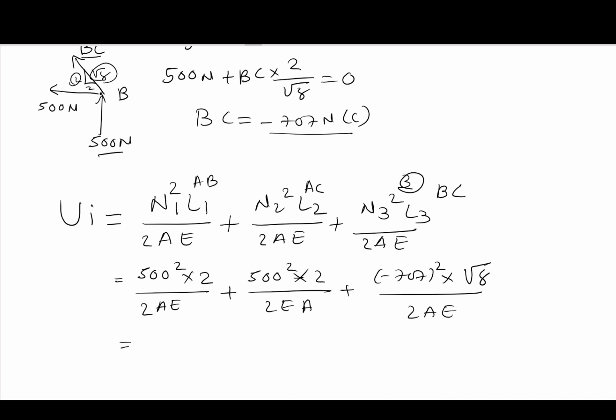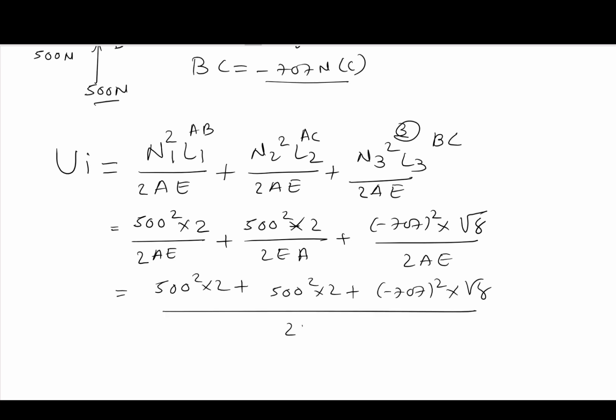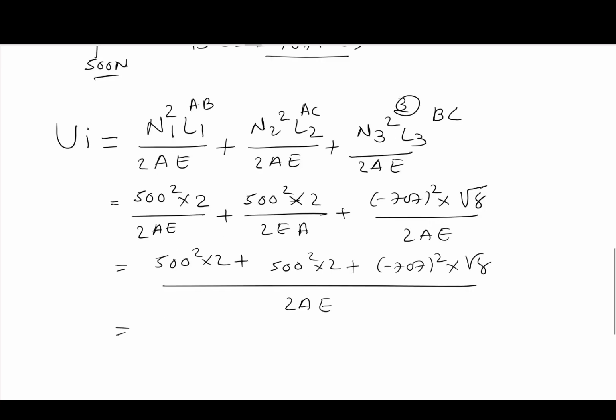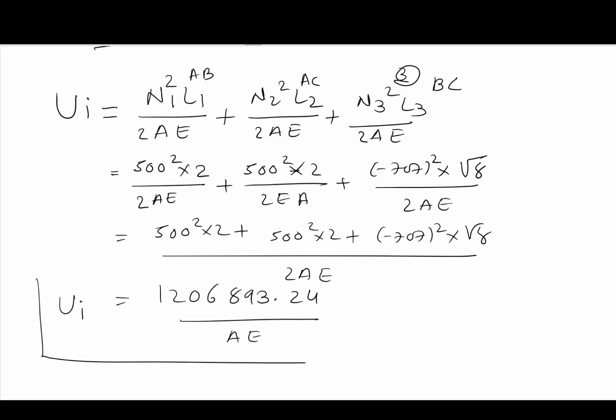If I simplify that using the calculator, 500 squared times 2 plus 500 squared times 2 plus minus 707 squared times square root 8, over 2AE, I get the answer 1,206,893.24 over AE. So that's your answer, the internal energy of the truss members. Thank you very much.